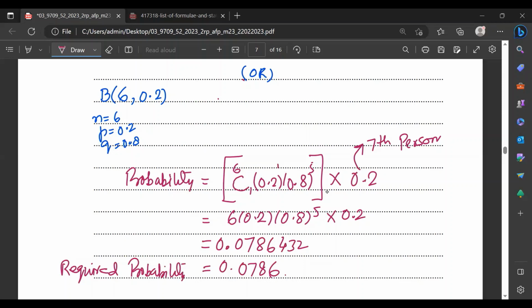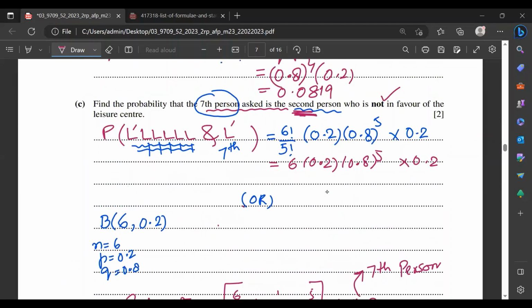The important thing is to understand the statement. Find the seventh person asked is the second person in that order. It means that in the first group of 6, there is one person who is not in the favor of the leisure club, and the seventh person is again not in the favor, and obviously this is the second.